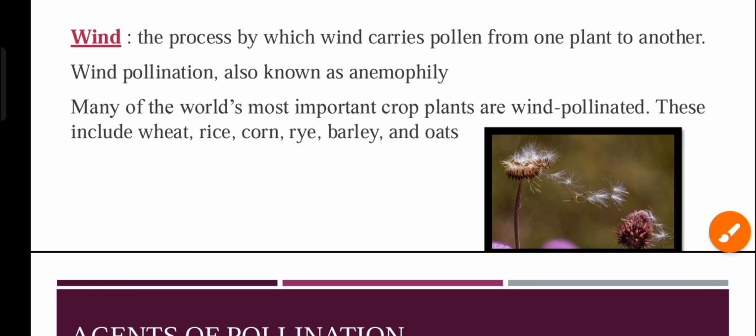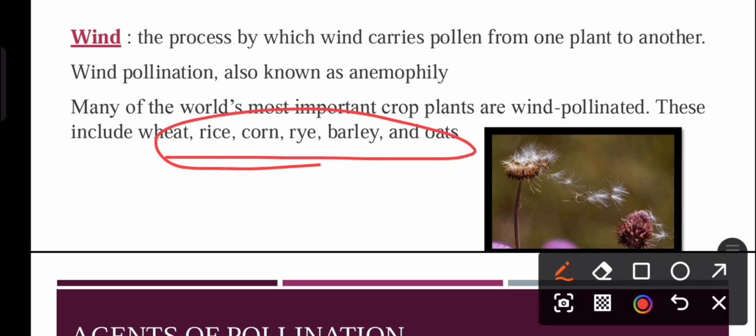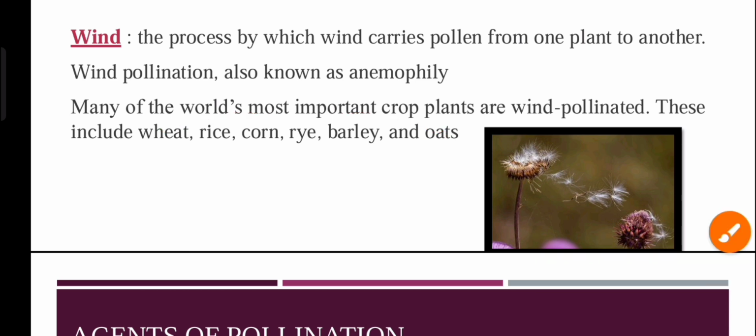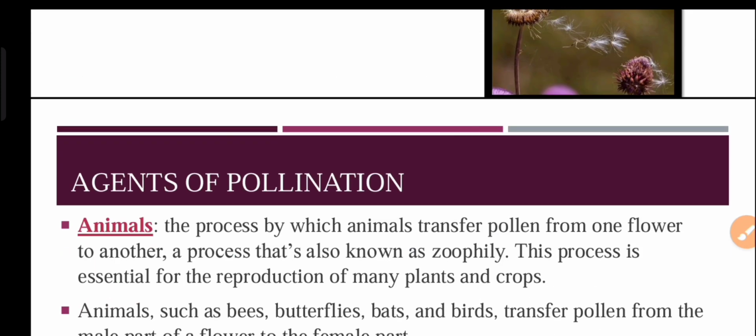Many of the world's most important crop plants are wind pollinated. These include rice, corn, rye, barley, oats. These are all economically important crops, and they are pollinated by the wind, understand? This is about wind pollination.